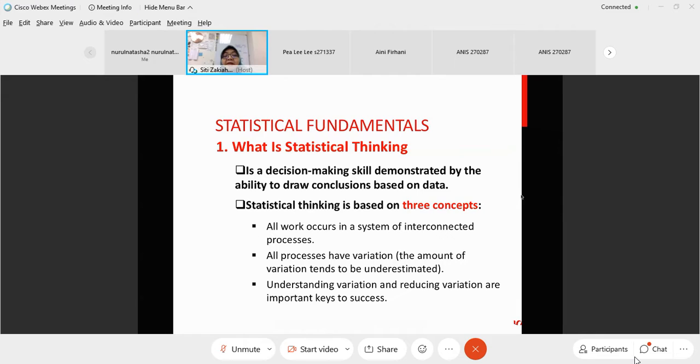And the third concept is understanding variation and reducing variation are important keys to success. Kita kena tahu dari mana datangnya variation tu. Kena faham how the variation occurs, dan kita perlu reduce ataupun eliminate terus variation.